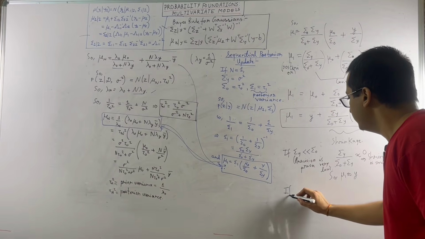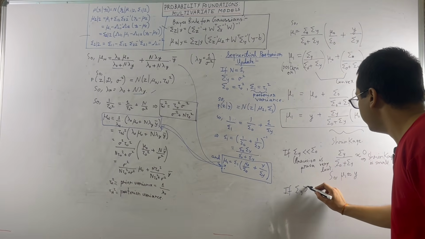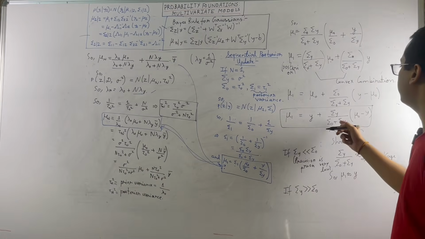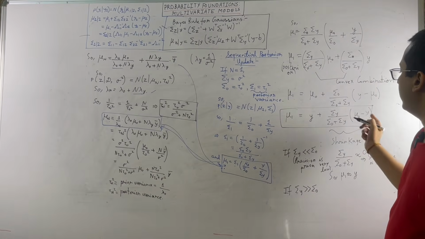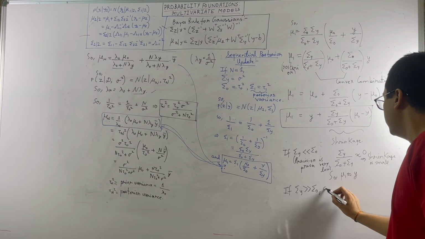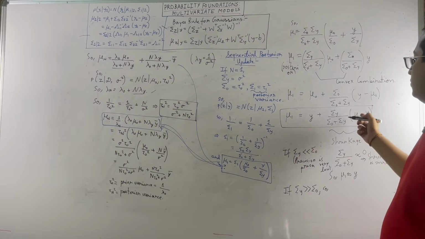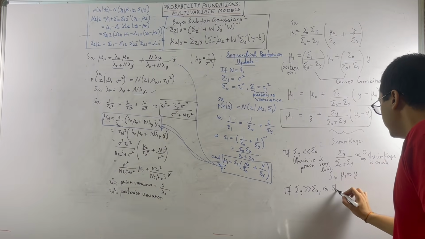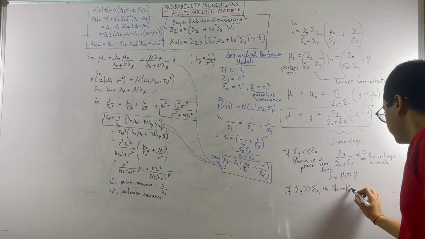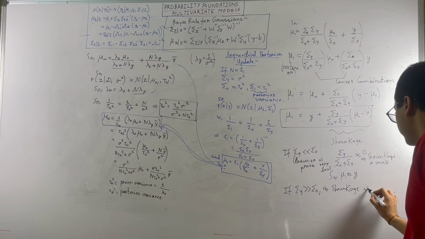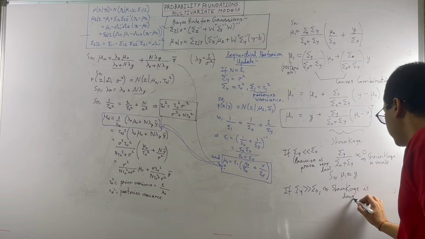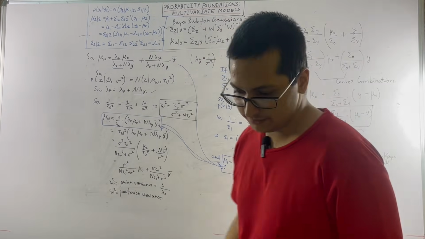But if the other thing happens, sigma y much more than sigma naught, then of course this term will be close to 1, so y gets cancelled. So basically mu1 goes closer to mu naught. In that case the shrinkage is large. So shrinkage is large in this case.